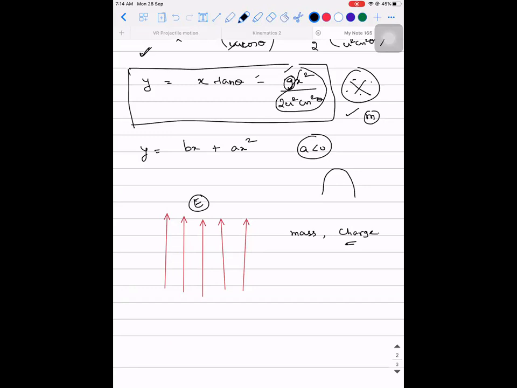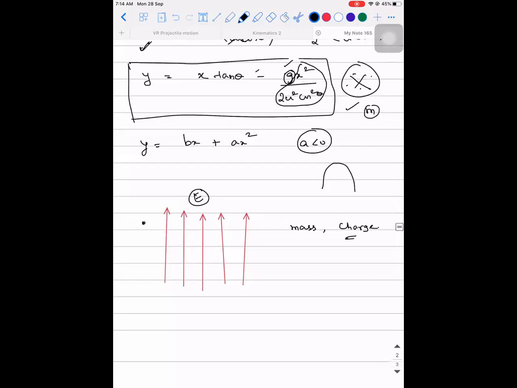Now the question is, if suppose I have a charged particle, let's say the simplest particle, the basic particle, electron. If at all an electron is in my hand, and I am giving it velocity. So when you have an electron, it has mass, it has a charge associated with it. In addition to these two properties, if you give velocity to it, then what is the direction in which that particular electron is going to travel?